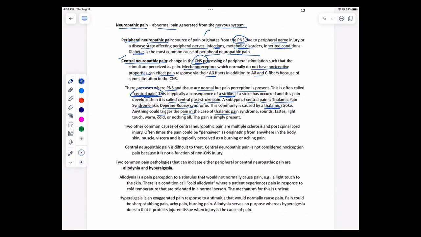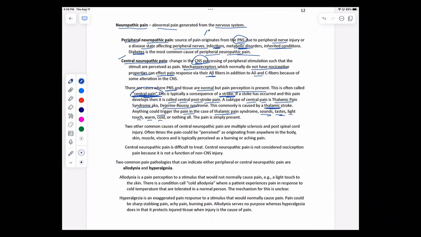So someone with central pain or even thalamic pain, sounds could set off terrible pain, or they may have certain tastes that cause terrible pain for them. Some of them, a light touch, just a brush across the skin, would cause awful pain. Or maybe they're responsive to cold or warm, or again, nothing at all. So again, very poorly understood, but something obviously has gone sideways in the central nervous system where normal things that should have nothing to do with pain are making the patient have a pain perception.